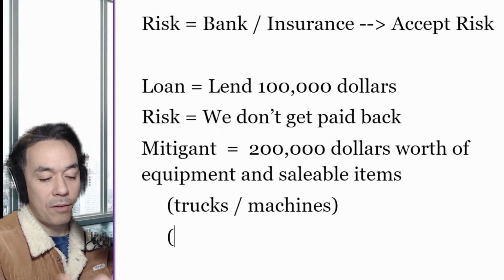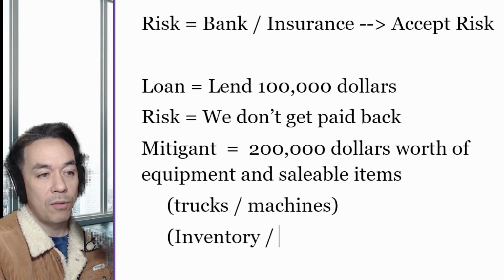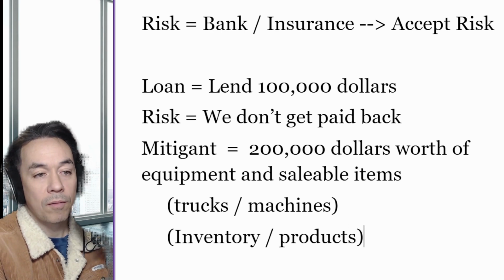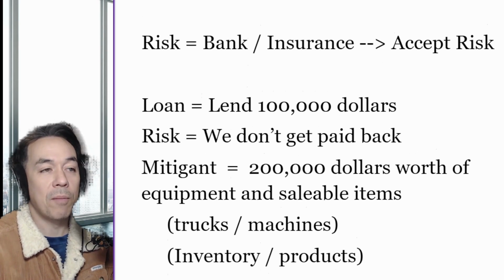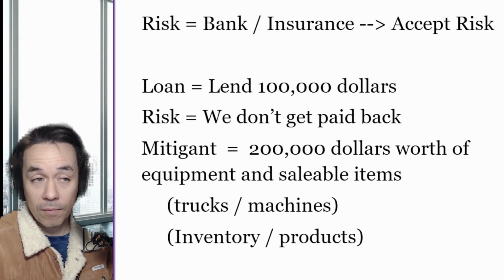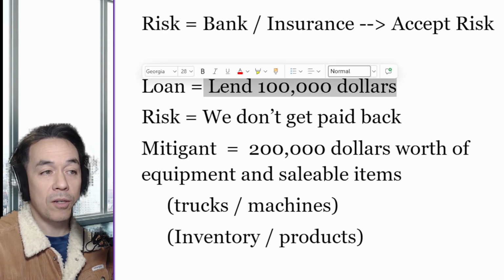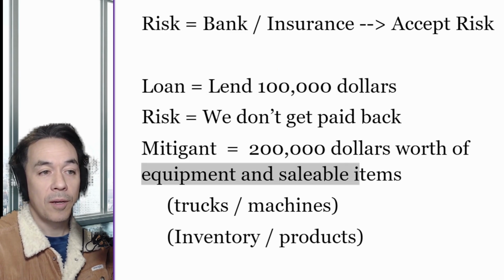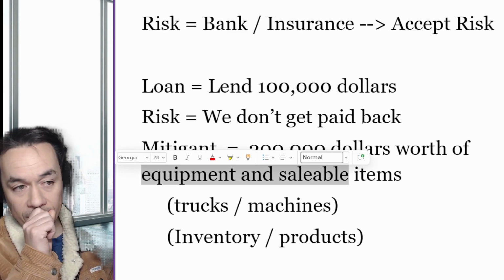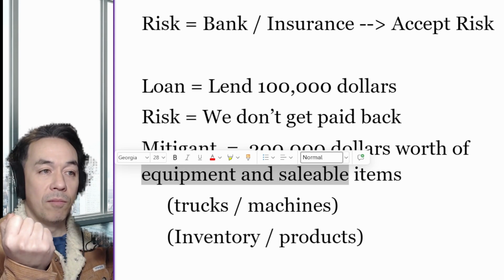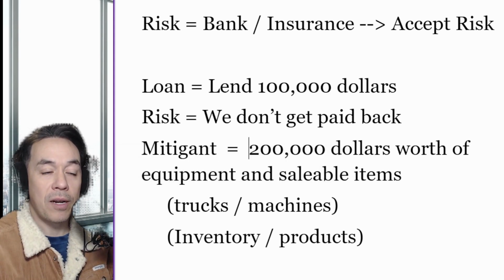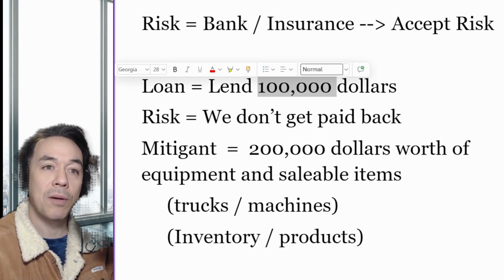They've got enough, I don't know, inventory or products that we can sell. If the bank loses on the loan, we're going to take these items and then hopefully we'll get paid back enough because right now it's $200,000. So we think that's enough to get paid back our loan.